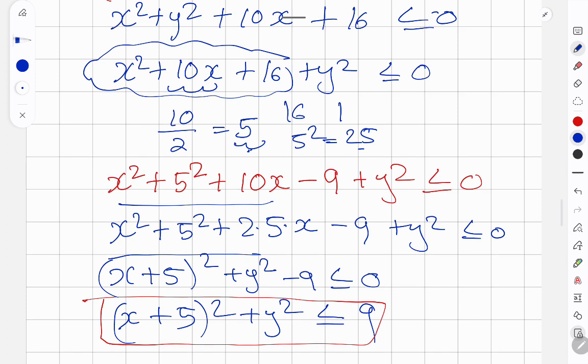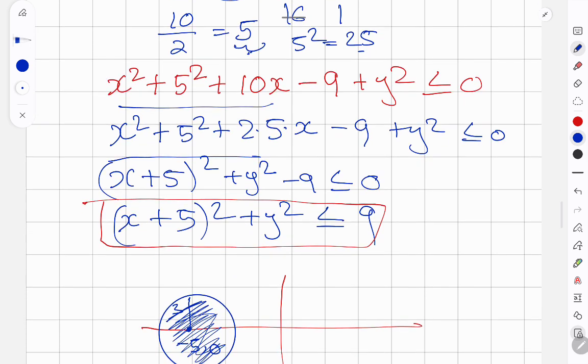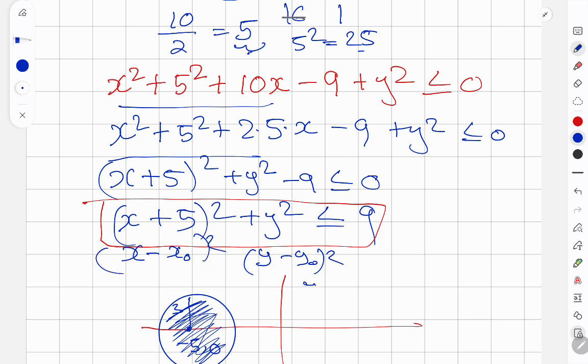By adding a 9 and subtracting a 9, we got x plus 5 whole square plus y square minus 9 is less than 0. I took this 9 to this side, so you can see this is x minus x naught, this is y minus y naught square, and y naught is equal to 0 over here, and negative x naught is equal to minus 5, and this is r square.